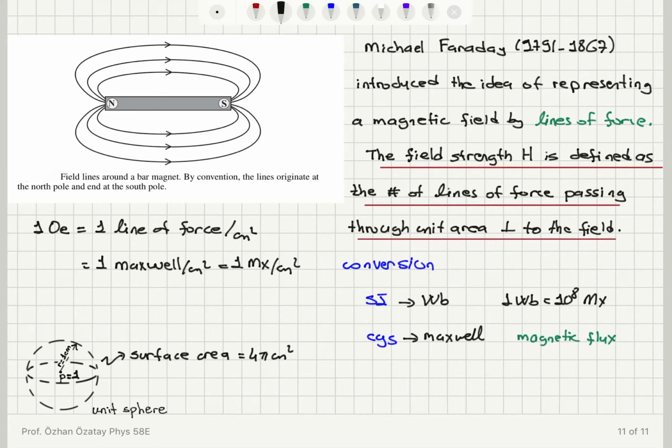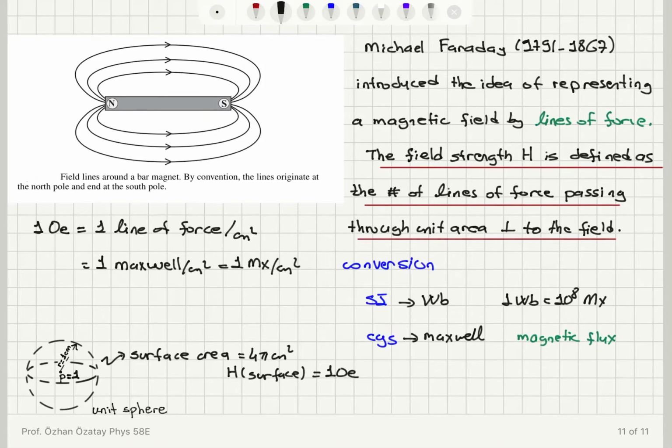The magnetic field at the surface would be 1 Ørsted. It is P divided by R square. So P is 1, R is 1. In CGS units, it's going to be 1 Ørsted.